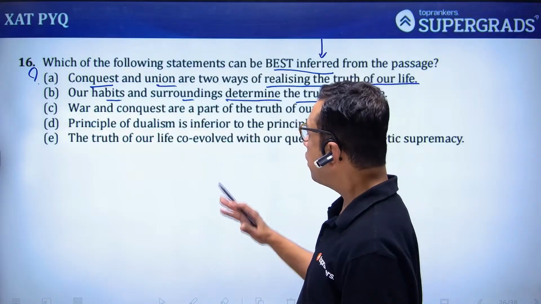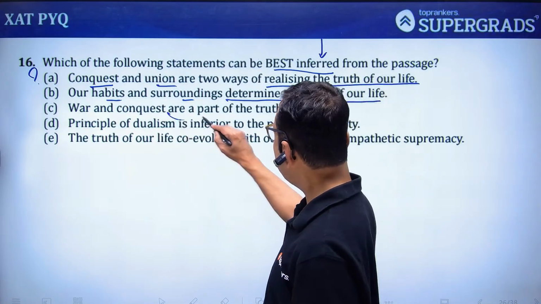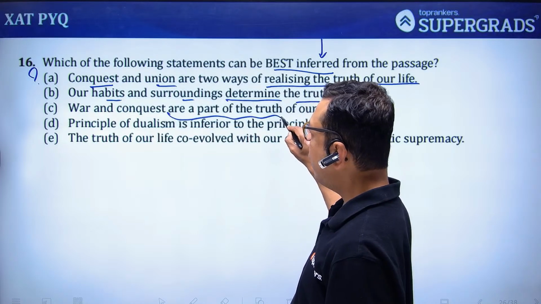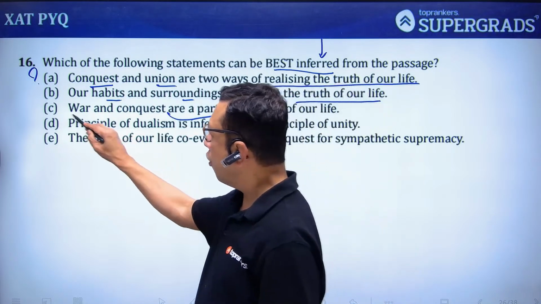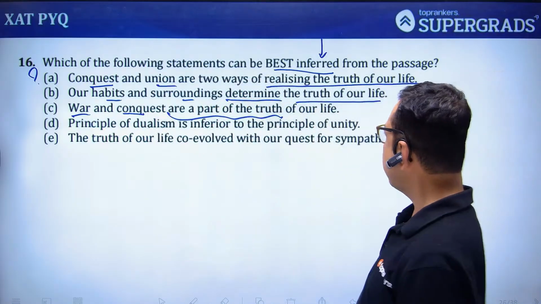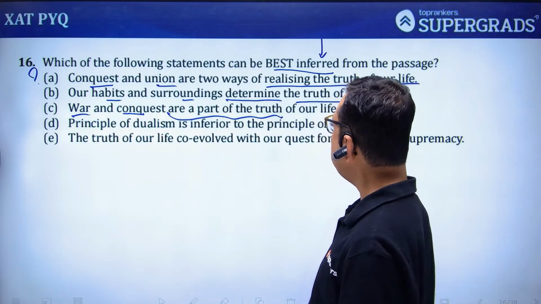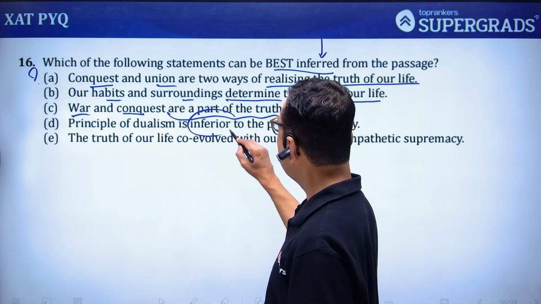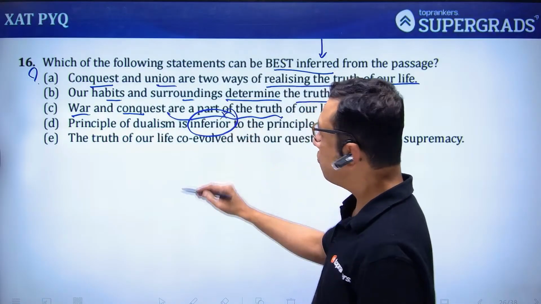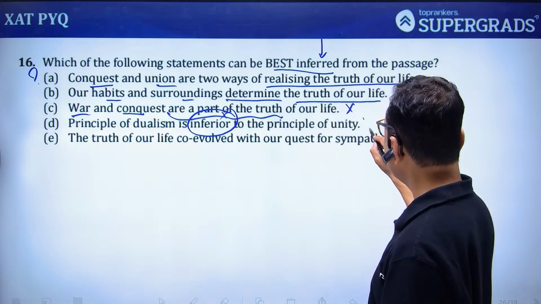War and conquest are a part of the truth of life. Does it really talk about war and conquest? No. So this option can be quickly eliminated. Principle of dualism is inferior to the principle of unity. No, no such comparison is there. This can also be quickly eliminated. So this option is also gone.